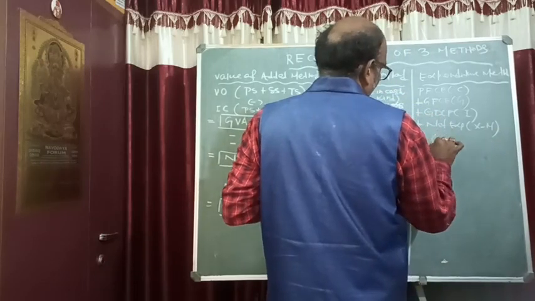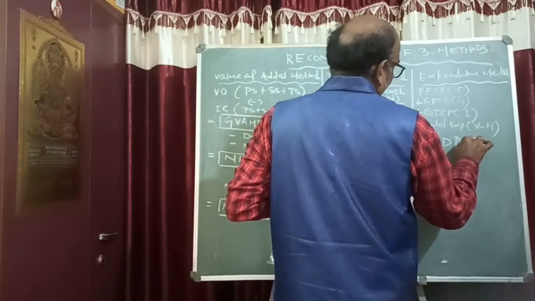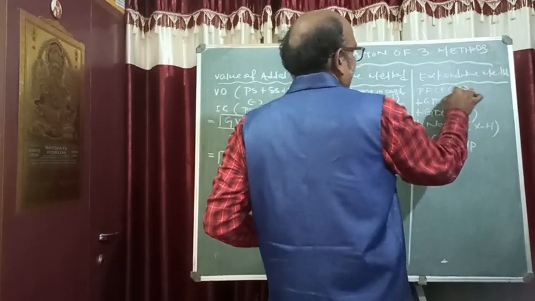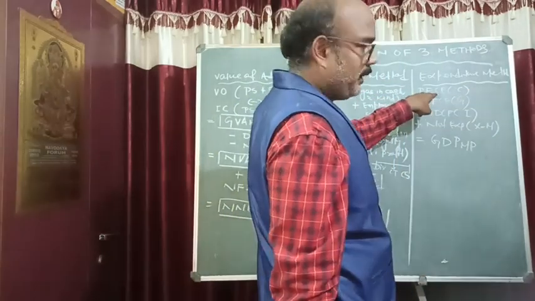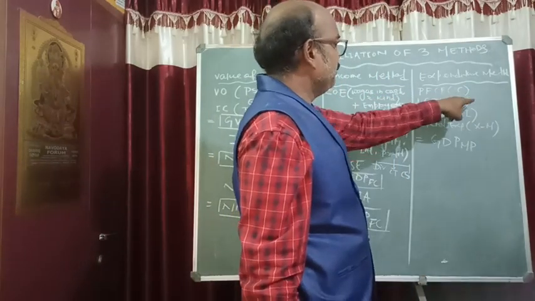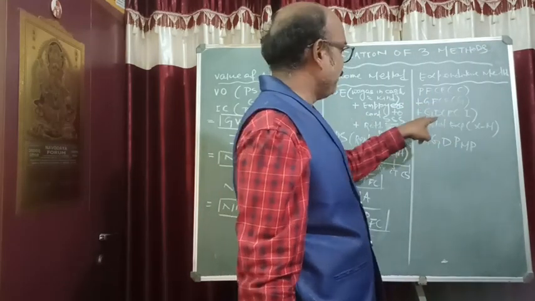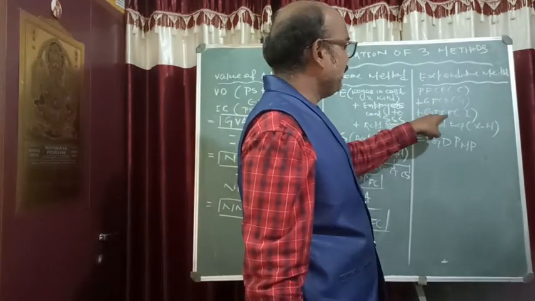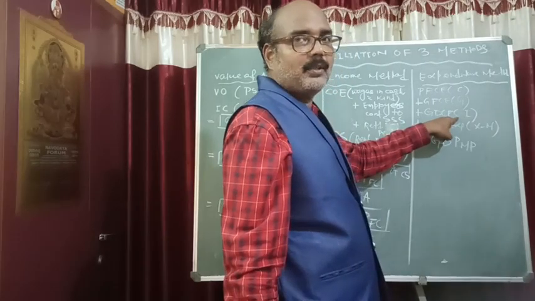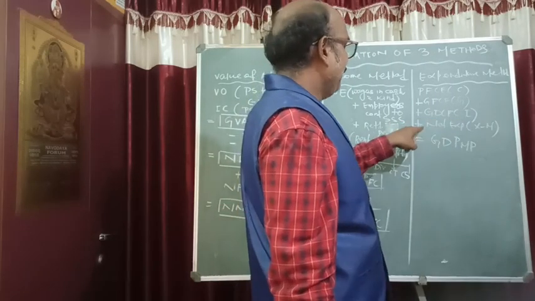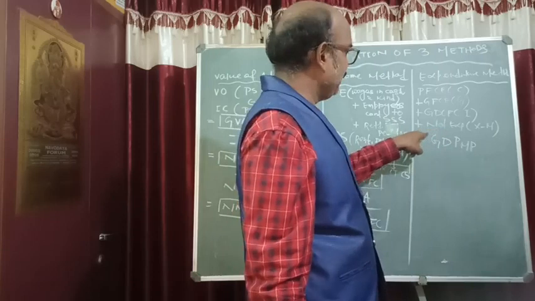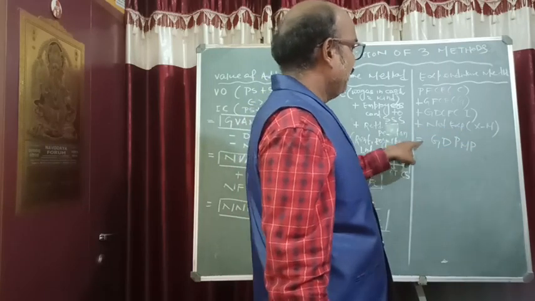If you add all these things, you will get GDPMP. This is related to the household sector. Private final consumption expenditure, government final consumption expenditure, this is the government sector. GDCF, gross domestic capital formation, that is the firm sector or producing sector, and this is the rest of the world sector, that is net export X minus M in an open economy.